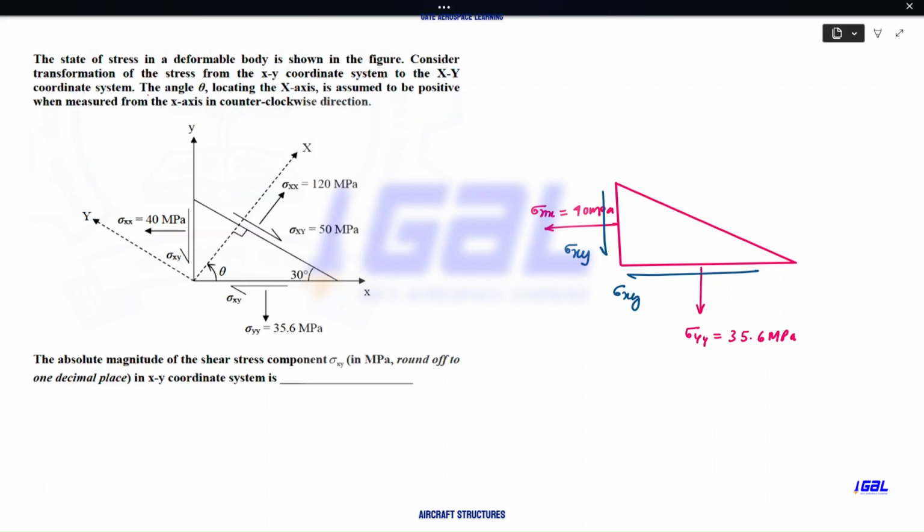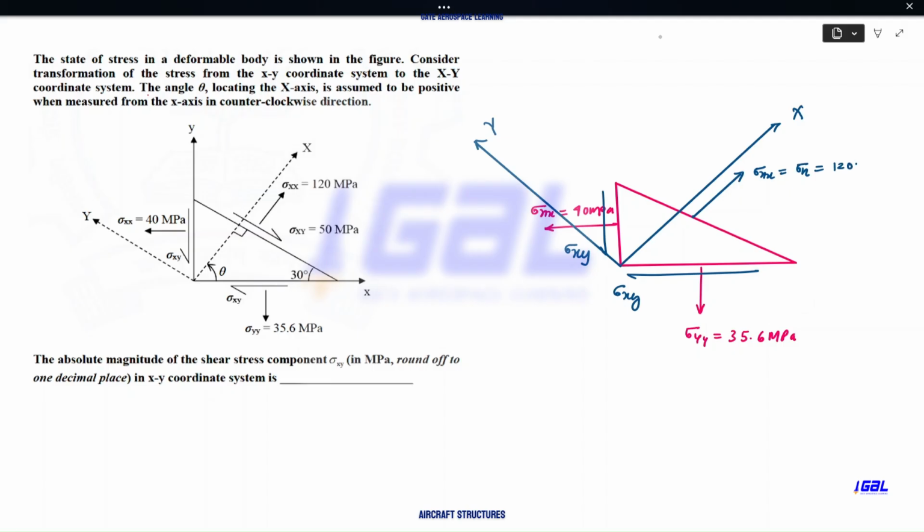With this they have also given, in this axis, pardon me if it is appearing something wrong, this is capital X and capital Y. In the perpendicular direction from this plane they have also given the normal stress, which we will also call sigma normal.